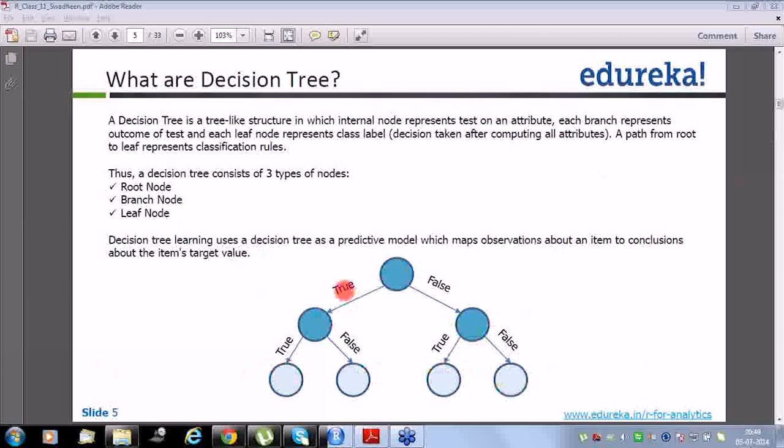Like if we have a dichotomous variable, true may be one category and false may be the other category. So true will go like this and false will go like this, based on different other attributes. So the tree structure is like that.